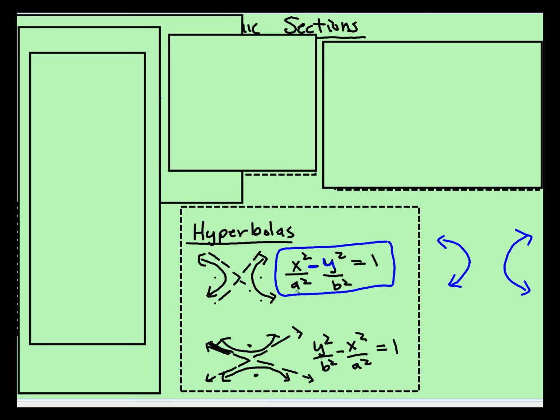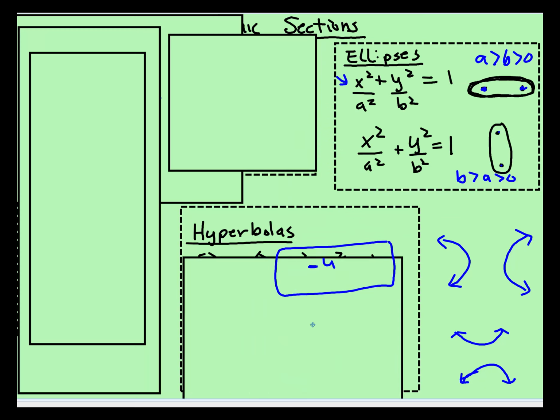If the hyperbola is facing towards the y-axis, opening up and down, notice the y squared is first, subtracting the x squared. When it's y squared subtract x squared, notice the b squared follows the y squared. So it's y squared over b squared subtract x squared over a squared, which is equal to 1.